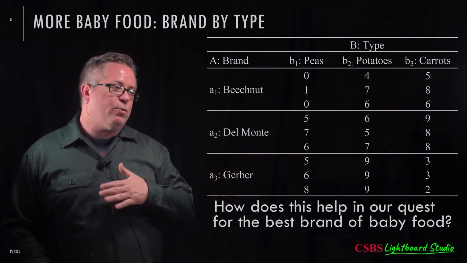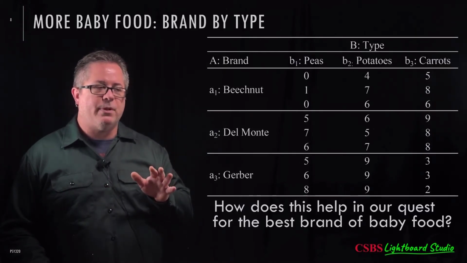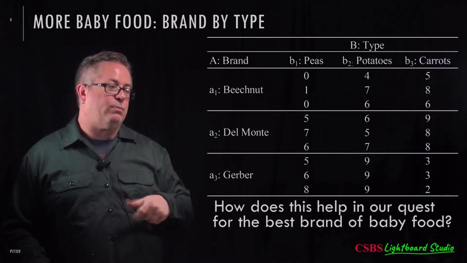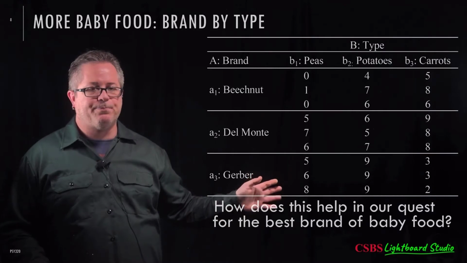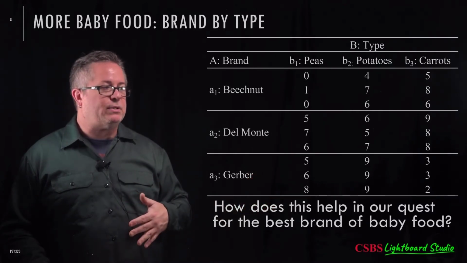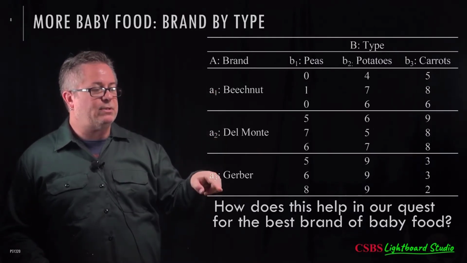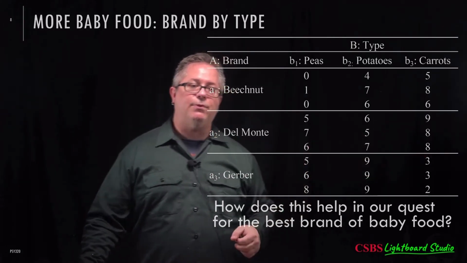Gerber's preferred across the board. Everyone likes Gerber better. So that is a lack of interaction. Then that lack of interaction is also helpful because it tells us that the effect of the differences between the brands generalizes to all three of these types of food.